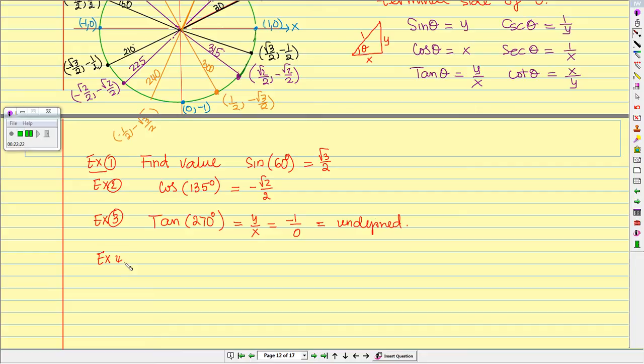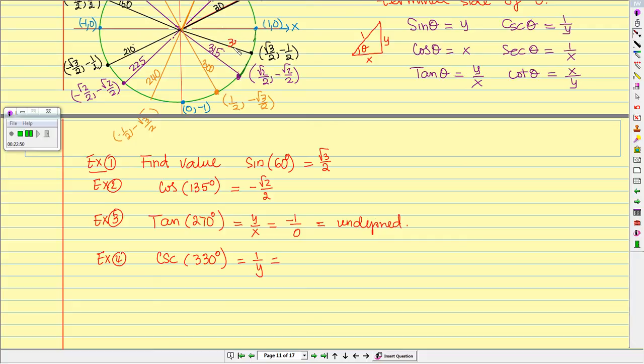Let's move on to example 4. What happens if we ask you to find cosecant of 330 degrees? So cosecant is the reciprocal of sine. So cosecant is 1 over y.